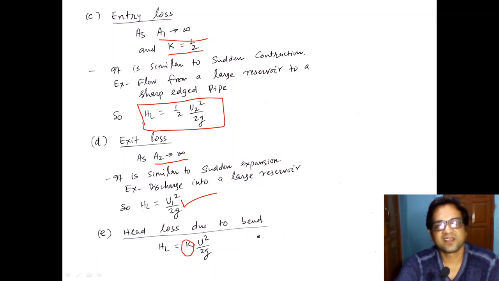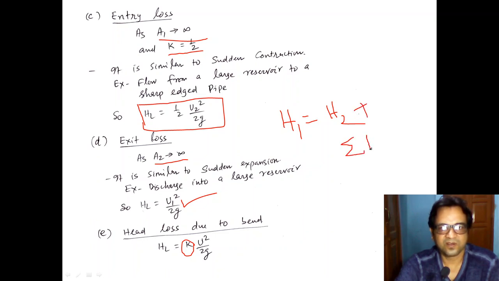Then if H1 is the head available at the inlet and H2 is the head available at the outlet, we can write H1 equal to H2 plus the sum of all losses. In this way we can solve problems in viscous pipe flow to find the losses.